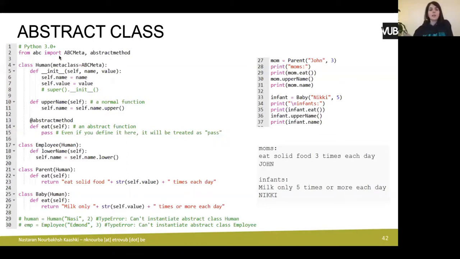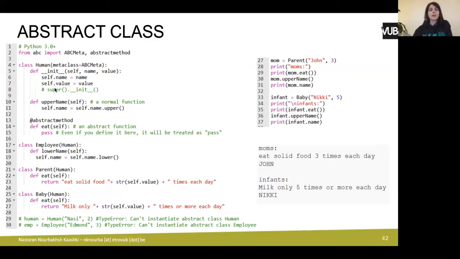So I import these two from ABC, and I created an abstract class which is Human. So Human is an abstract class for me. I don't want to get an instance of that, but it has some functionality that other classes want to inherit. So I'm having a constructor.